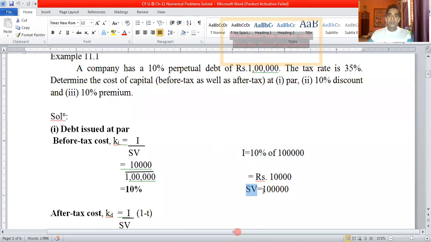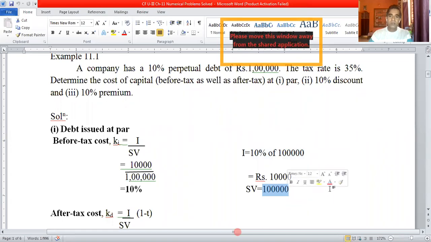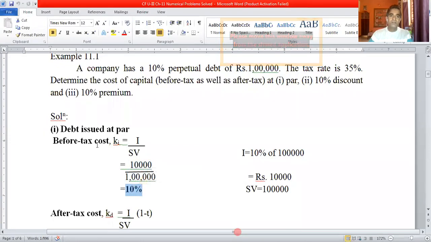Since there is no discount or premium, at its face value, the net sale proceeds or cash inflows will be 1 lakh rupees. By the formula, before tax cost of debt KI is equal to I divided by SV, which is 10,000 divided by 1 lakh, equal to 10%. So in situation 1, when the debt is issued at par, the before tax cost KI is 10%.